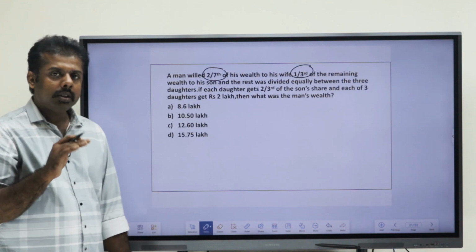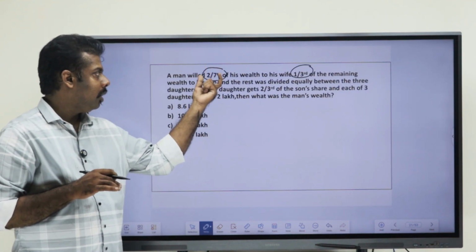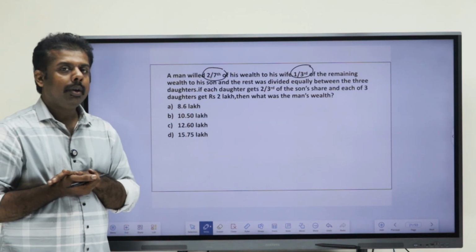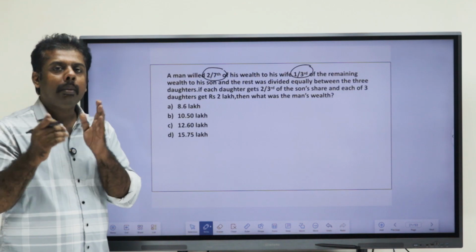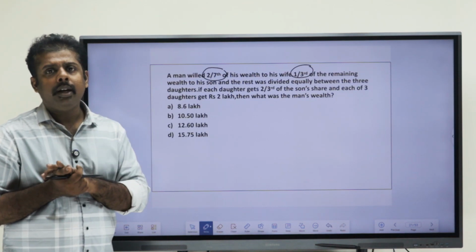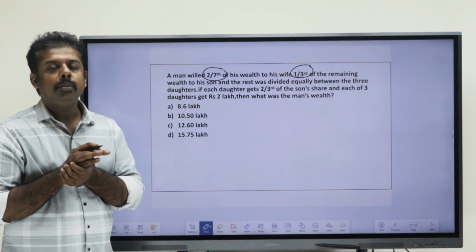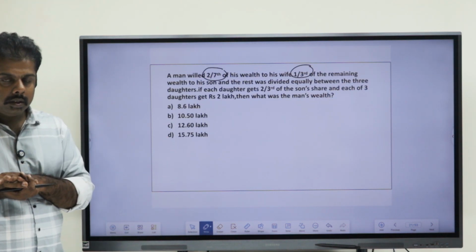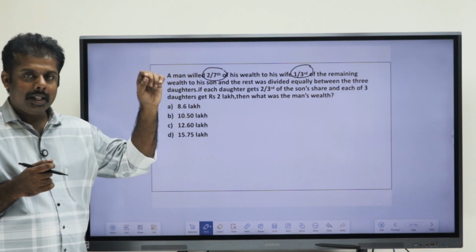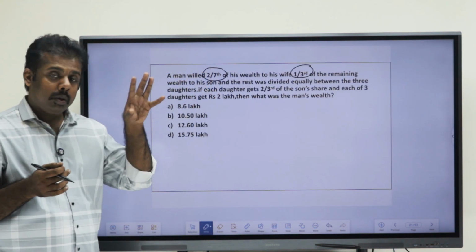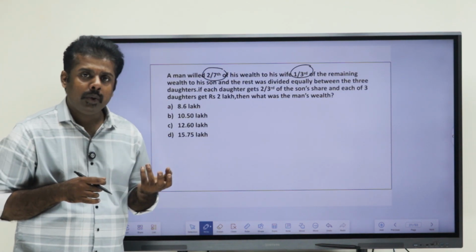Okay, so what can you do? You can see that the denominators here are 7 and 3. So you can take the LCM of the denominators and take a multiple of it as the total value. That will make the calculation a bit easier. So we are going to take the denominators' LCM as the total wealth of this person. 7 and 3, obviously the LCM is 21.